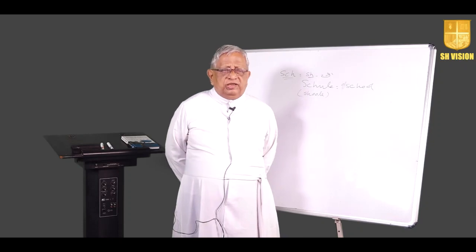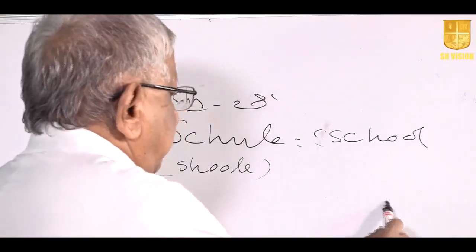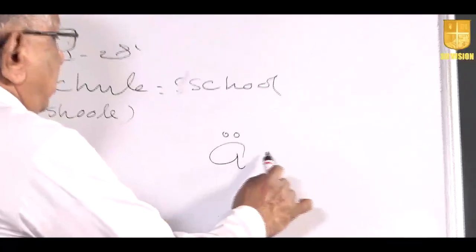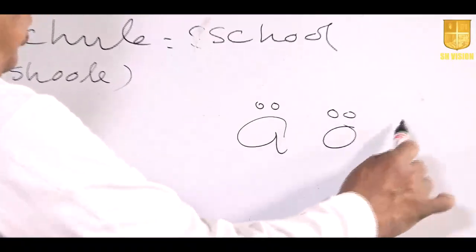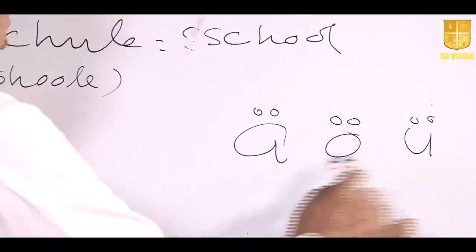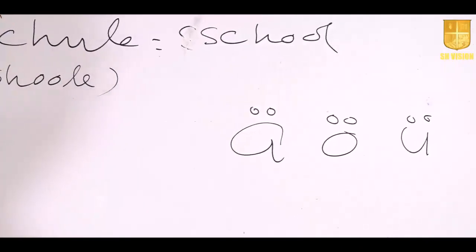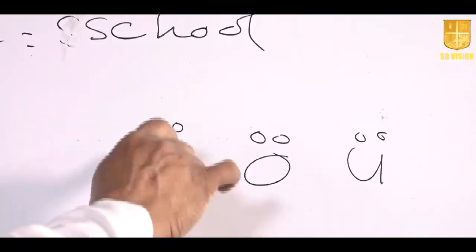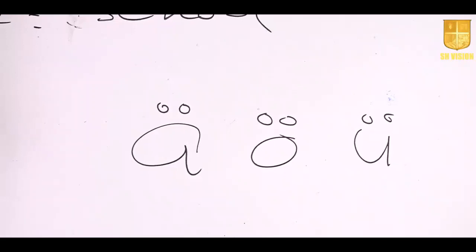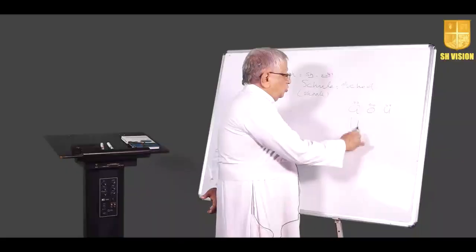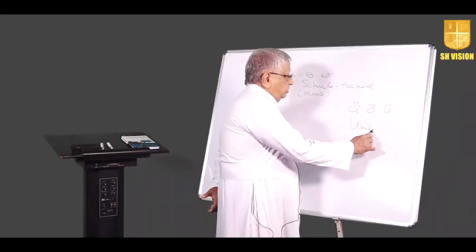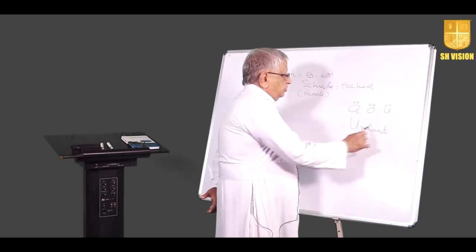These additional letters are marked by 2 dots above the letter, which is known as umlaut. Remember that word, umlaut.